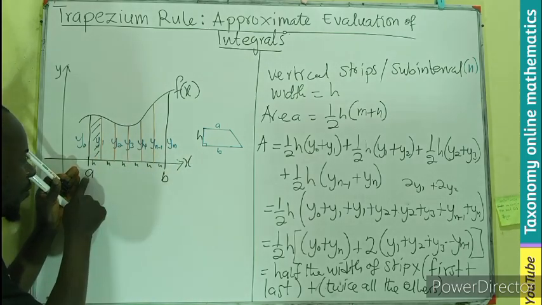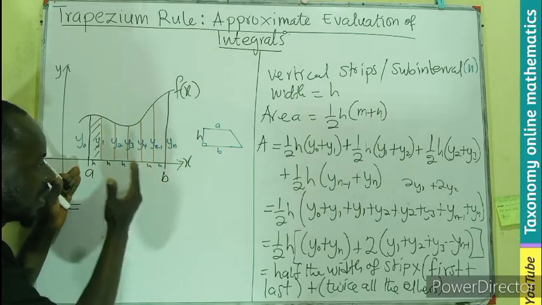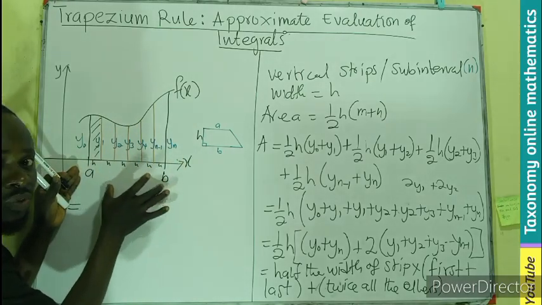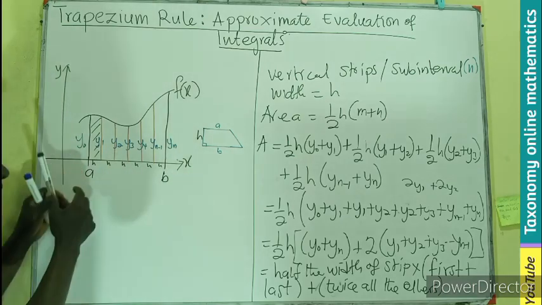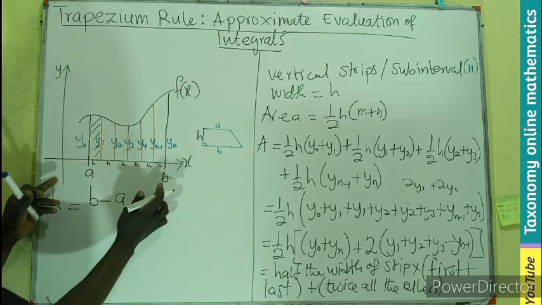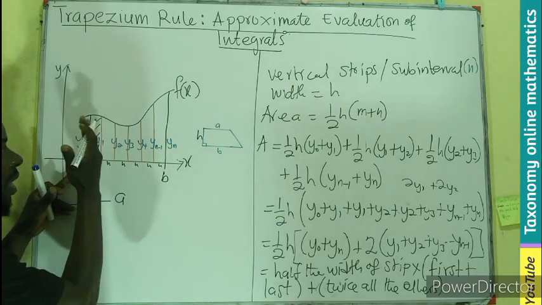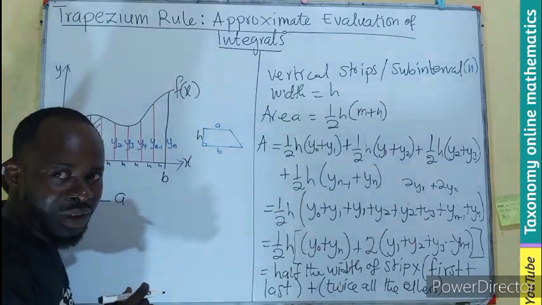So we are dividing from A to B into sub-intervals. That sub-interval will take into consideration the difference between the upper limit and the lower limit, so B minus A. If I find a difference, how many times am I dividing it, or how many sub-intervals am I having?